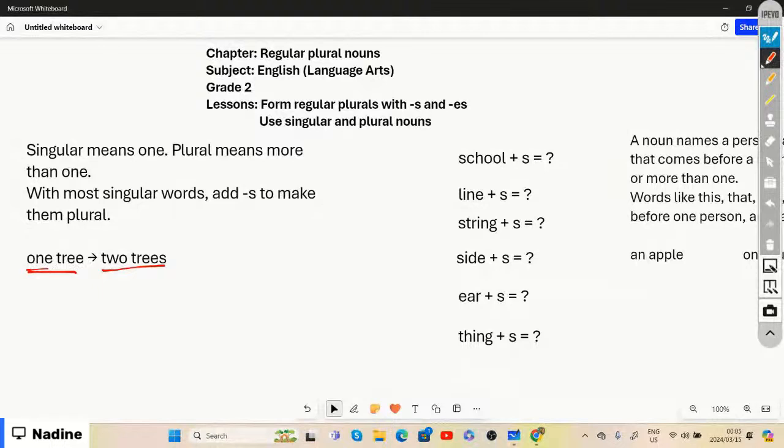So that is basically changing something from a singular to a plural noun, right? Singular means one, plural means more than one, or two or more. And with most of our singular words, we just add an S to make them plural. Like, for example, we have one tree, but if we have two, then we have two trees with an S. We add an S to make it plural, to show that there's more than one noun.